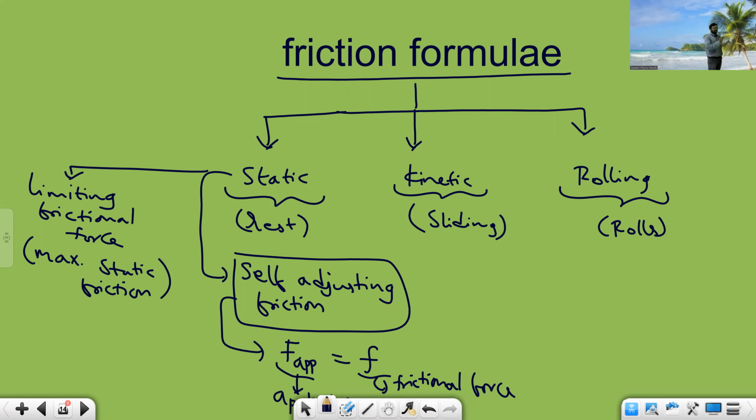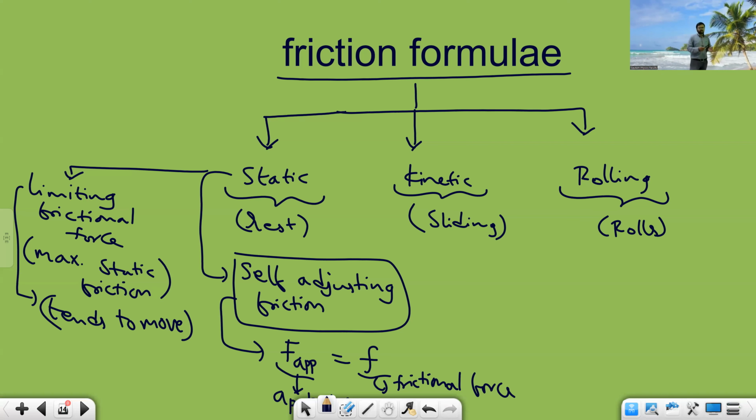In this condition the body is about to move, ready to move. Then the frictional force we call the limiting frictional force or maximum static frictional force.